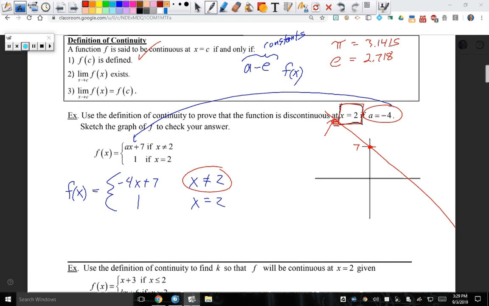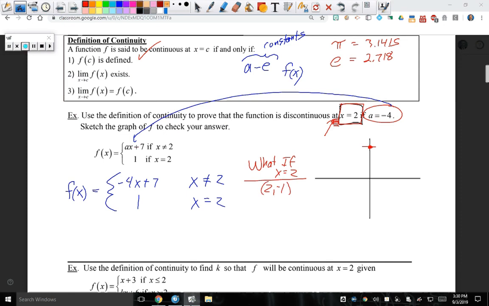So in my head, to make a better graph, I need to be thinking of the what if moment. Go with me? So what if, let me do it in red. What if x equals 2? Well, for here, if I put 2 for my input, I would get -1.